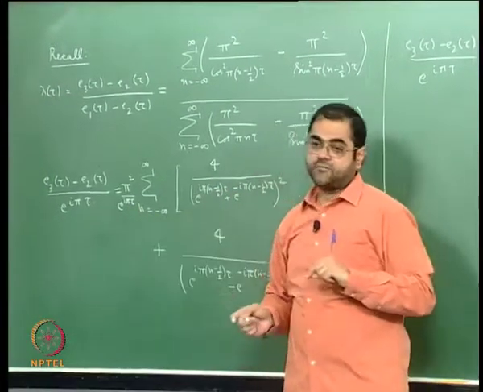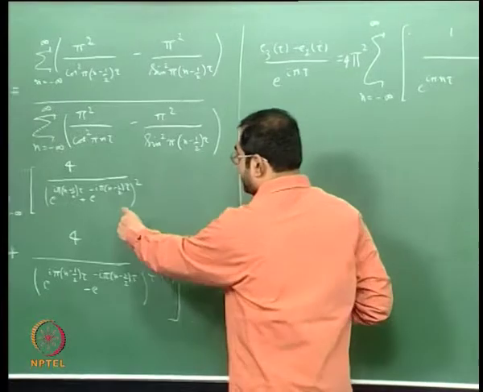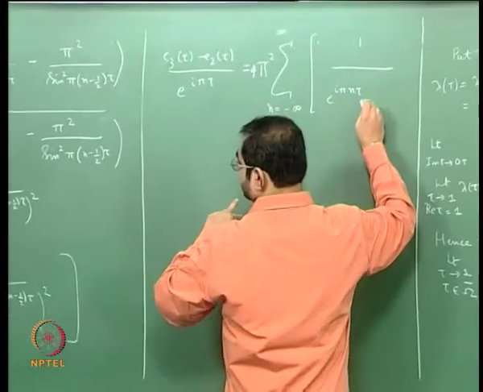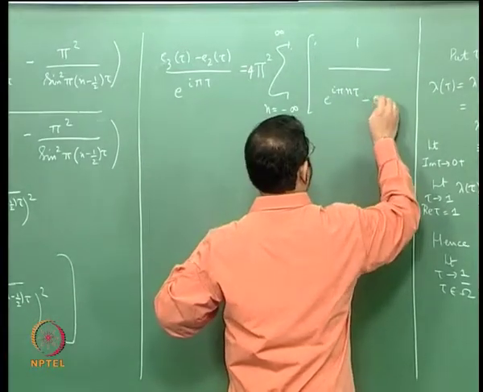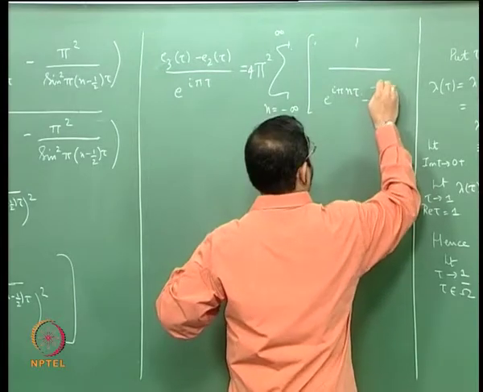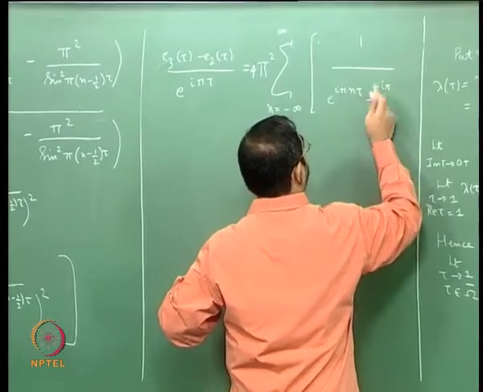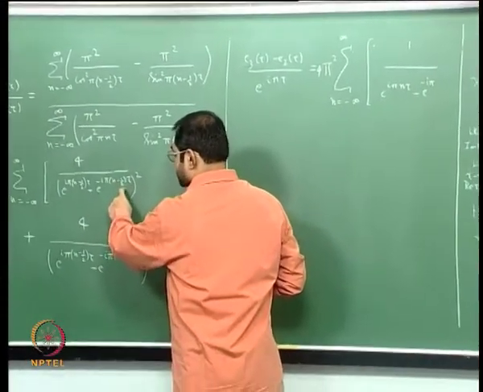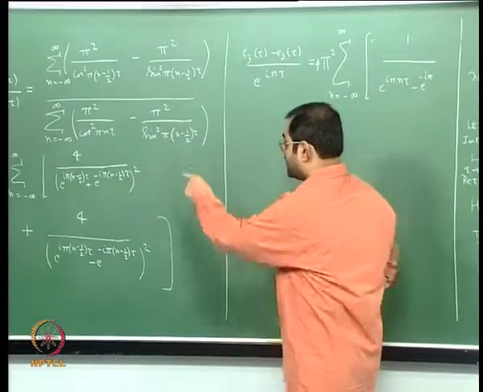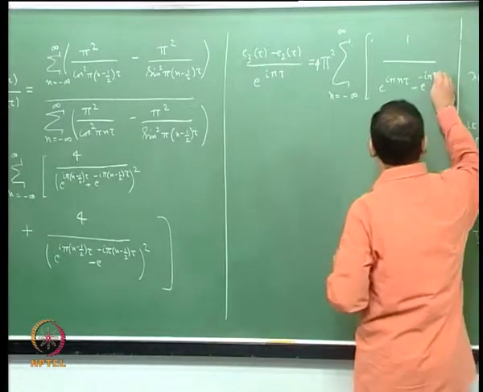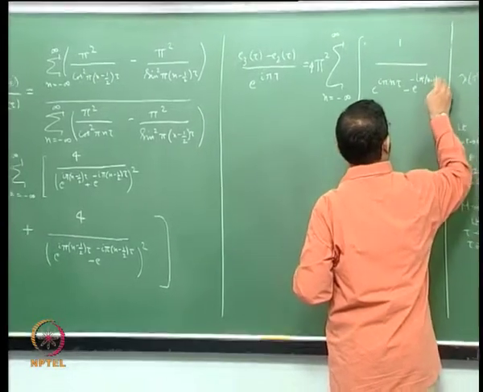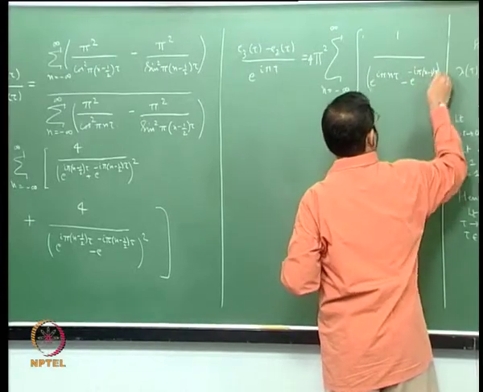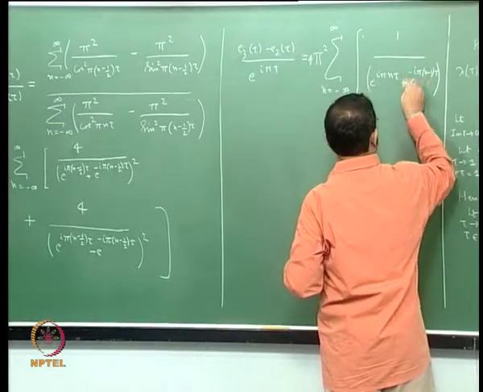here because I have an e power I pi minus half tau, that is going to cancel with this e power I pi half tau, alright, and here I am going to get minus e power minus I pi, so you see it is minus of minus half tau, so it is a plus half tau and another plus half tau, so I am going to end up with n minus 1 times tau, this is what I get, right, and there is a plus here.